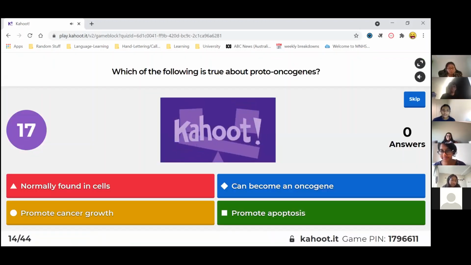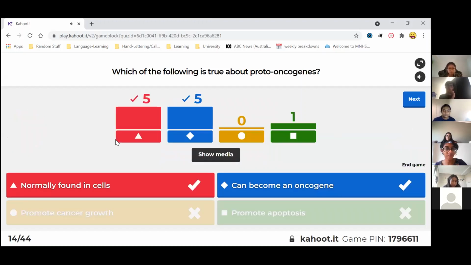Okay, which of the following is true about proto-oncogenes? Yeah, so this is what I was saying before. So proto-oncogenes can become oncogenes.